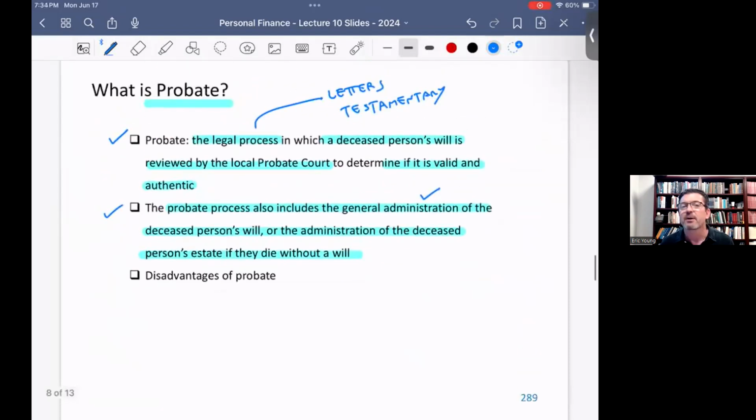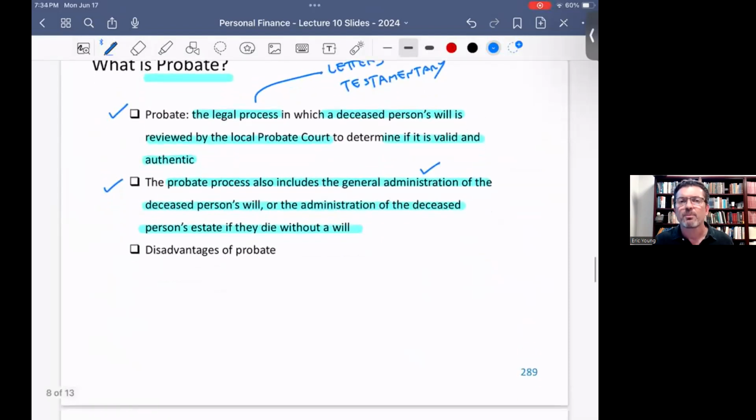Now, that all sounds fine, but whenever possible, you want to avoid probate because probate has several disadvantages. Number one, probate is time consuming. In the state of California, it is estimated that even a super simple estate might require a probate that can last anywhere from 12 to 18 months.